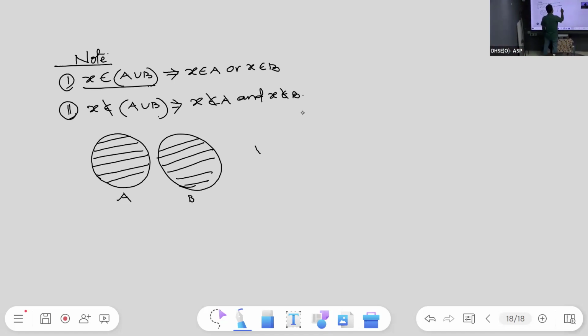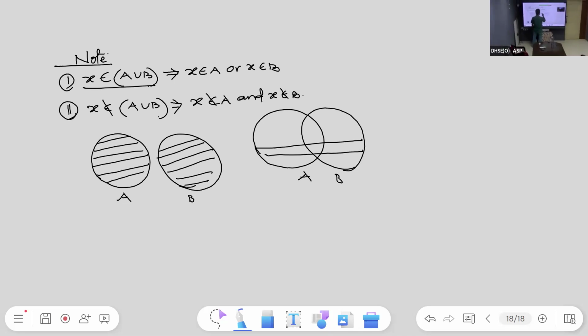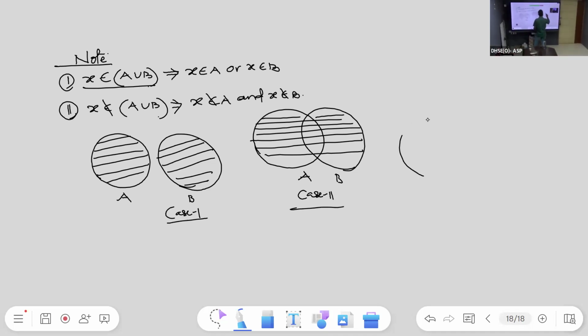If some elements of set A are common to some elements of set B, then A union B is the Venn diagram of union of two sets. This is case 1. This is case 2. In case 3, suppose one set is contained in another set.